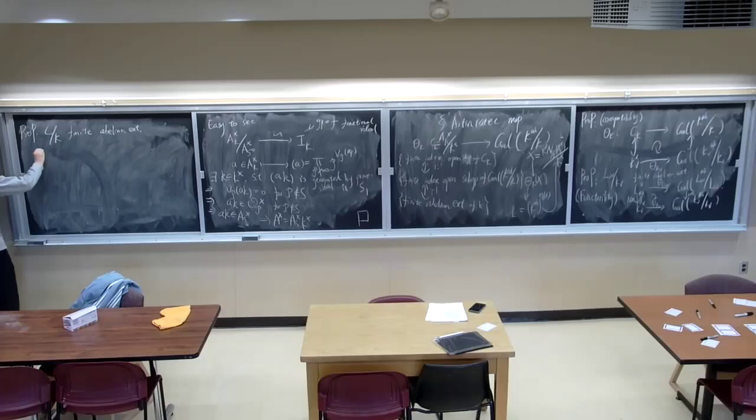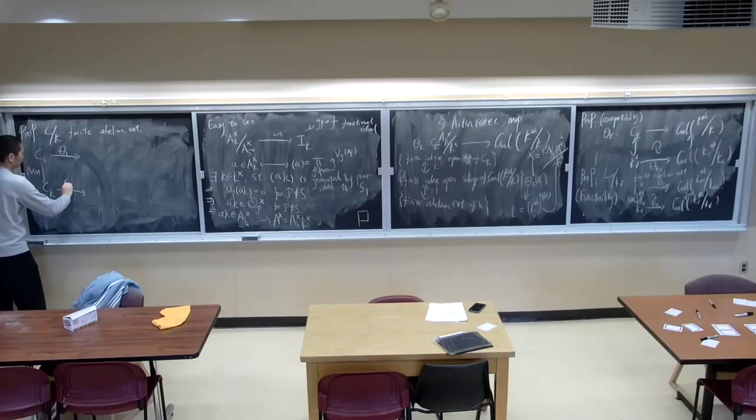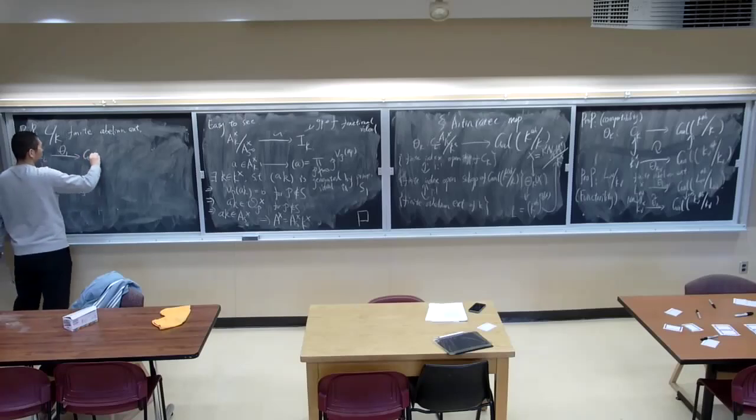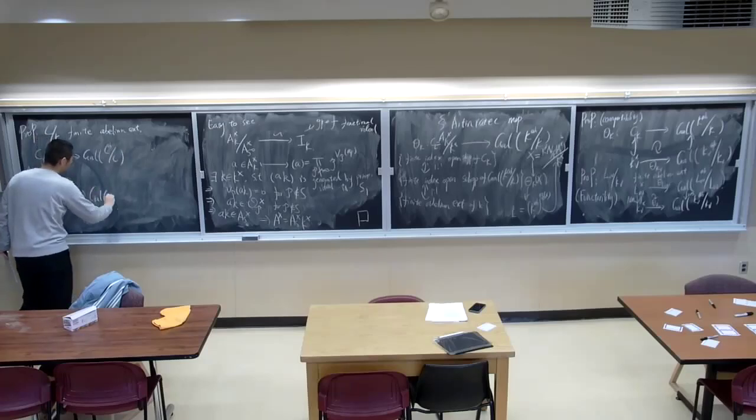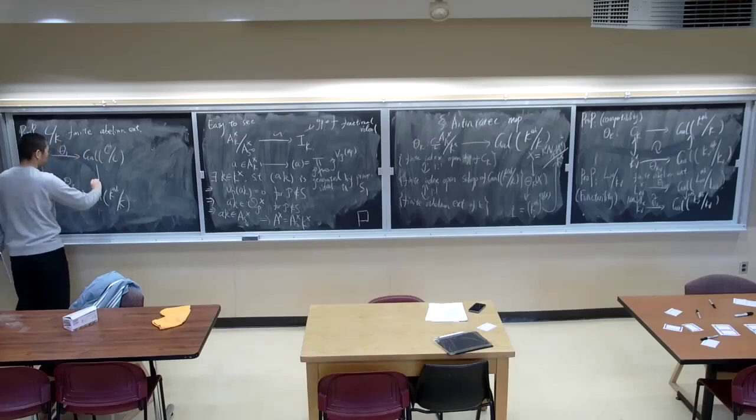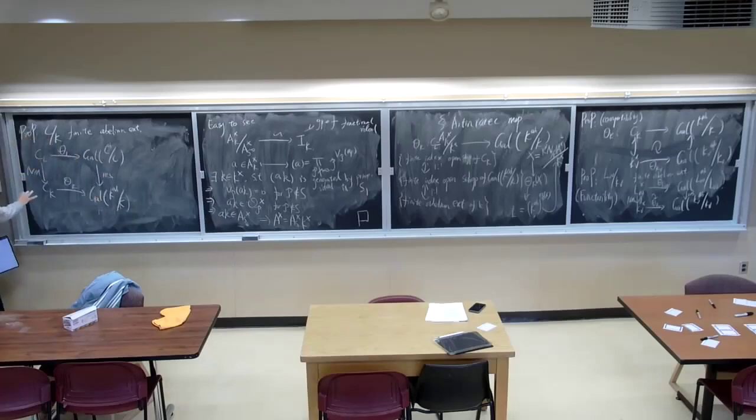We have C_L and C_K, similarly connected by the norm map, and θ_L, θ_K to the Galois group of L^ab over L and the Galois group of K. And it's a restriction map. It's the same as the local property. For local reciprocity we have this functoriality, and also for global. Okay, that's all I want to say.